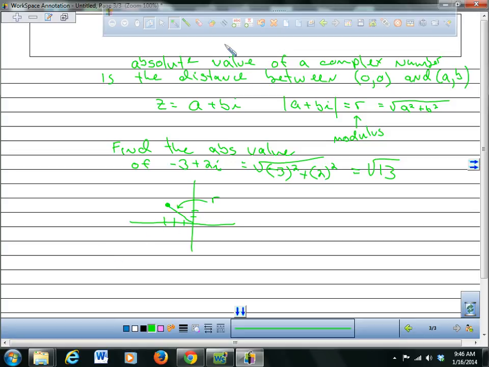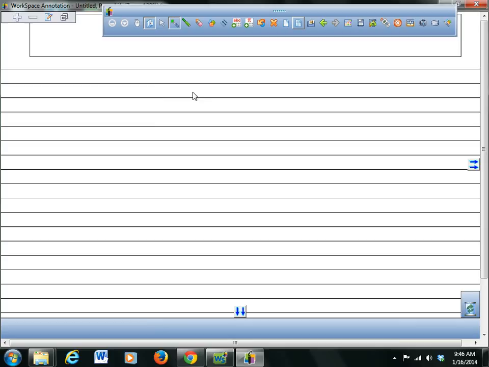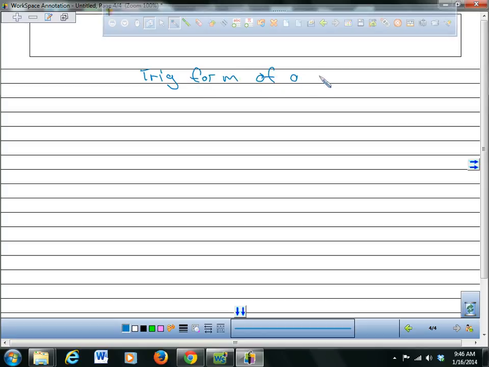Then we have the trig form of a complex number, and this is just kind of easy.